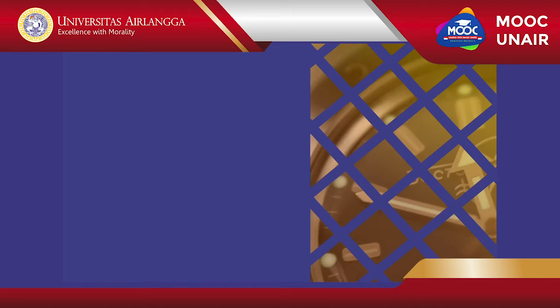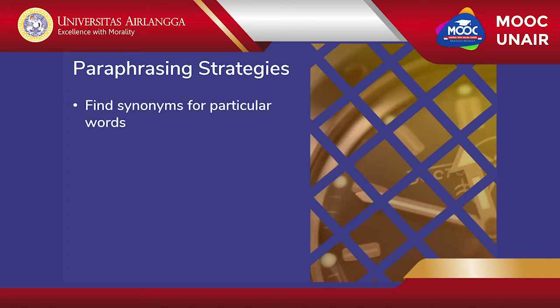All right, let's practice the strategies on how to paraphrase. There are many that we can explore, but a few of the common ones are outlined here. First, you should find synonyms for particular words.